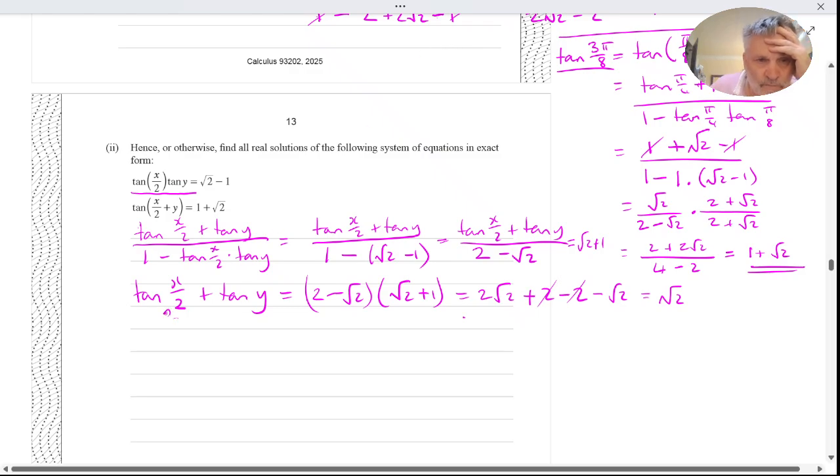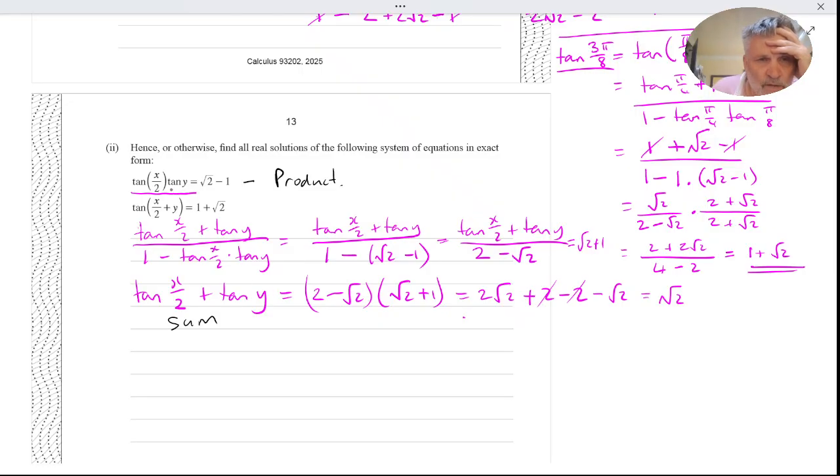So this here is the, tried to change color and failed. This is the sum of these two tangents, and this one here is the product. That's exactly the sort of two expressions that we need for a quadratic equation.